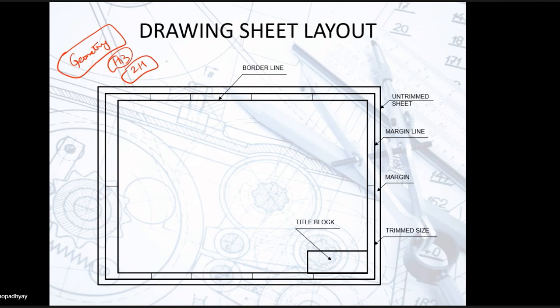Okay, any questions? So this is what you should be having. I hope you already have the geometry box. Am I audible? Yes, sir, it was clear. Yes, you should be having the geometry box. You should be having a HB pencil.